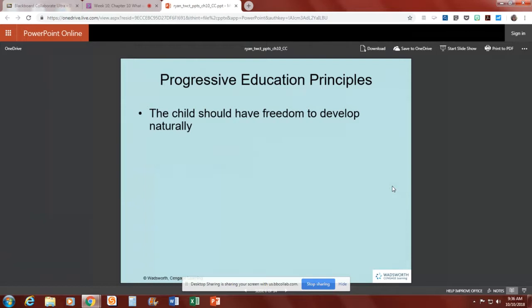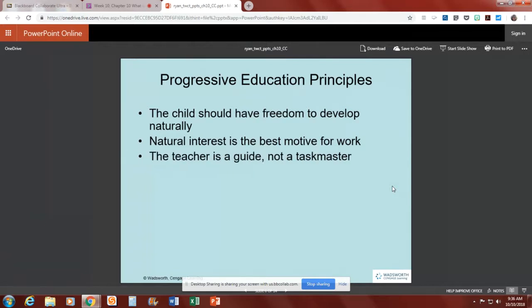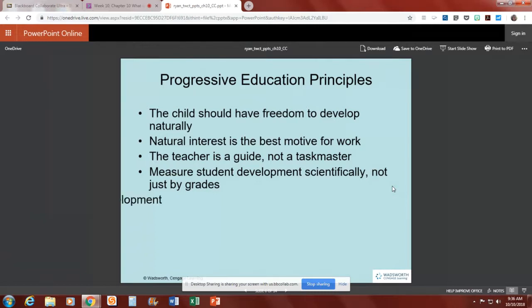The child should have freedom to develop naturally. Number two is that natural interest is the best motive for work. And I think we could probably all agree with that. Number three, the teacher is a guide and not a task maker. Number four, measure student development scientifically, not just by grades. And so what all goes into measuring student progress?